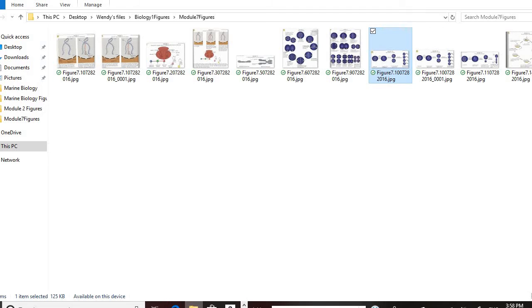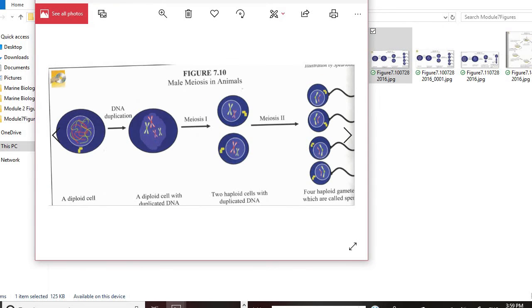It happens in the ovary for a female, and it happens in the testes for a male, so that you end up with 4 cells that have half of the genetic information. So you end up with 4 haploid cells.